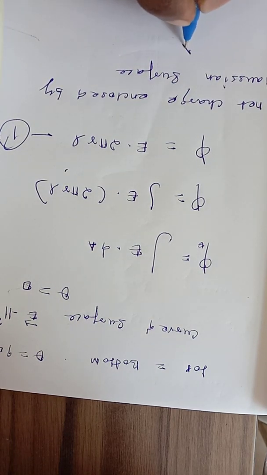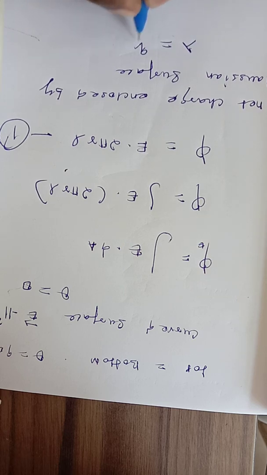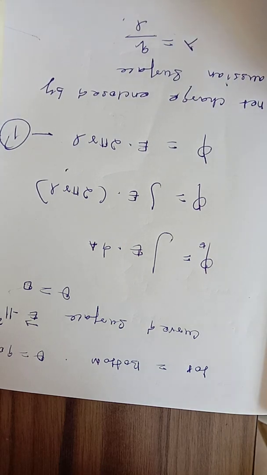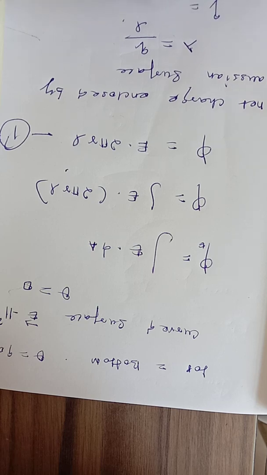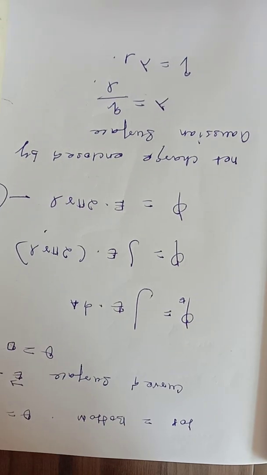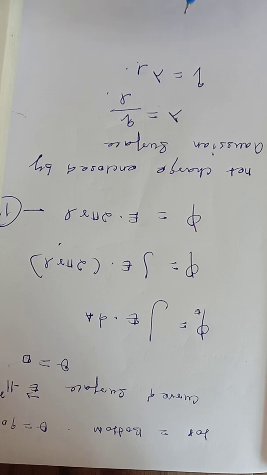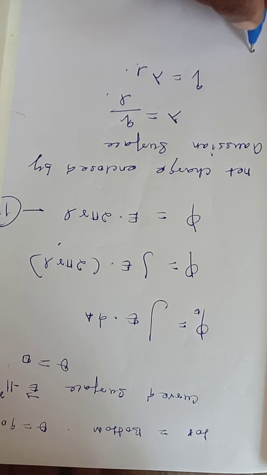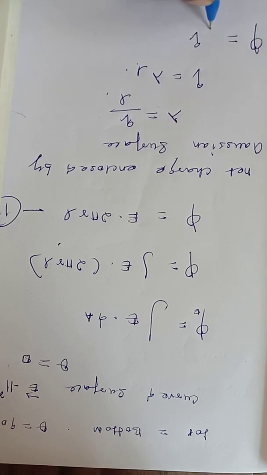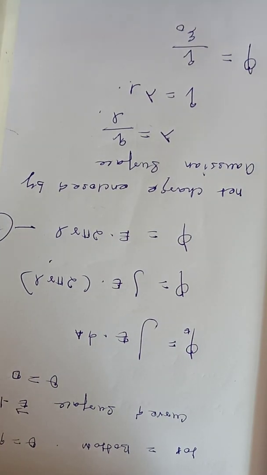Already known, linear charge density lambda is equal to Q by L. Here Q is equal to lambda L. The Gauss law formula is phi equal to Q by epsilon naught.